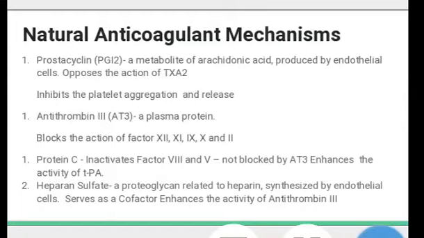These four mechanisms are involved in the natural anticoagulation system. Generally, they help to maintain the blood in liquid form and supply normal blood flow.